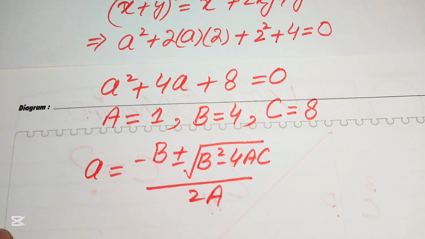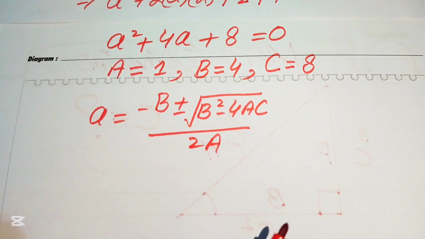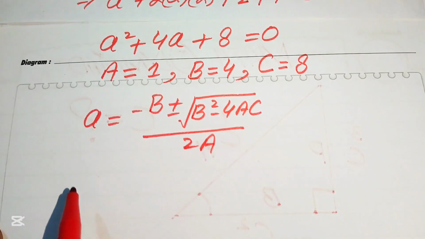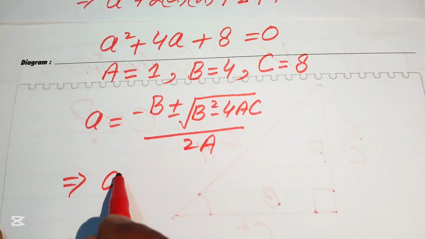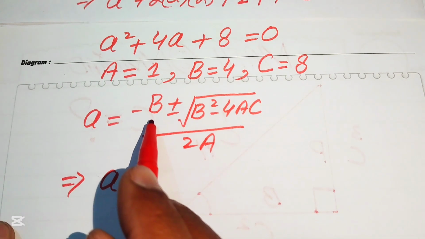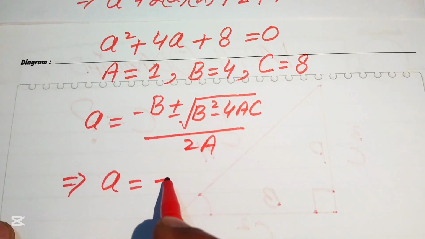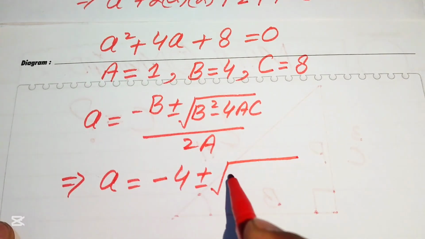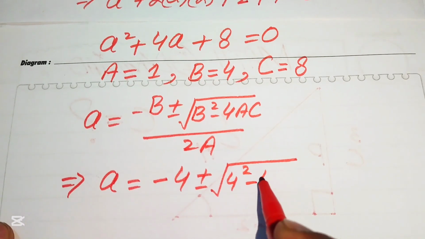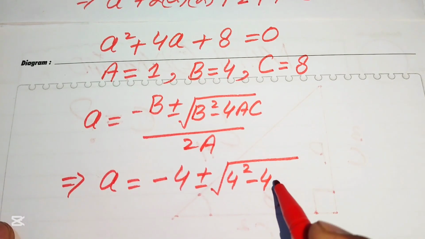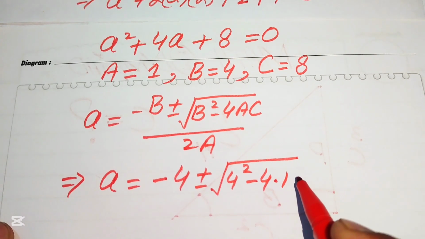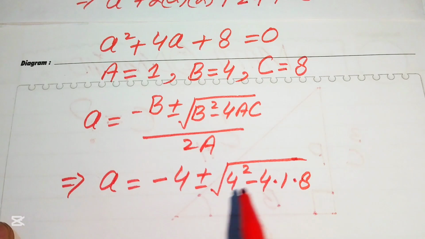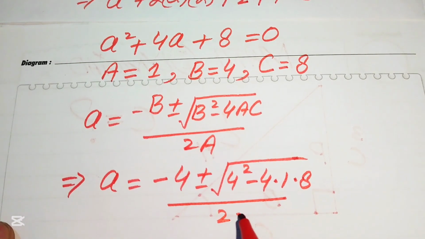So here according to this quadratic formula, we need to substitute the values of above a, b and c here, and it will be written as small a equals minus capital B, the value of b is 4. It will be written as minus 4 plus minus square root of b square, b is 4 square, minus 4 times a is 1 and c is 8, and it is divided by 2 times a.